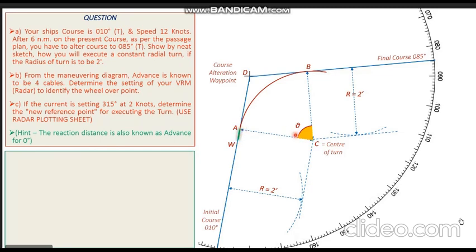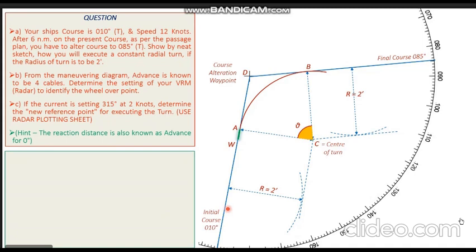Also, you can see the angle which is made between these two lines, Charlie to Alpha and Charlie to Bravo. We have the curved path of the ship between Alpha and Bravo. Charlie is the center of the turn, and the angle which is made, that is Alpha, Charlie, Bravo, represented in yellow color in the diagram, is the angle by which the ship is turning.